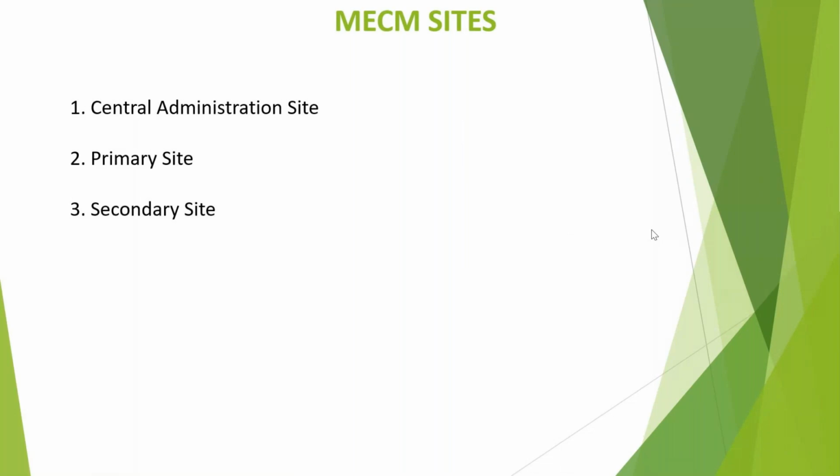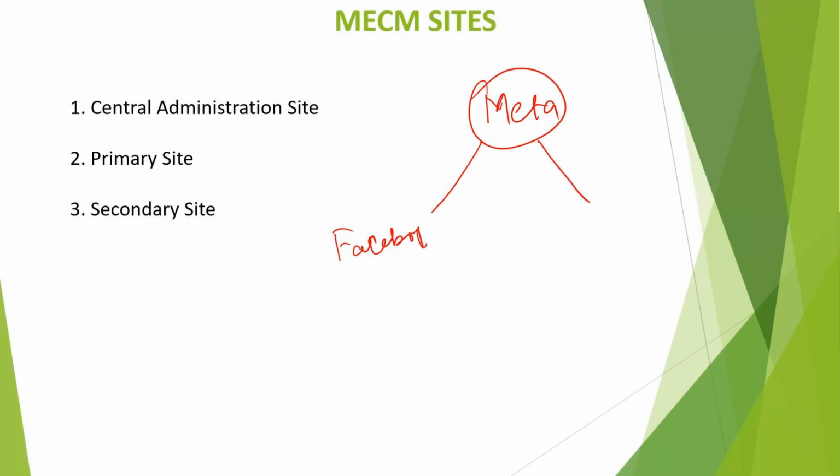So the purpose of the central administration site server: suppose you have a company called Meta, right? Meta is the mother company. Under Meta, you have two offices. For example, Facebook, and another one we have is Instagram.